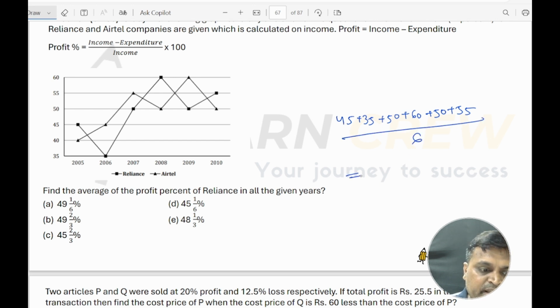If you add, it is 295 divided by 6, which is 49 1 by 6%. So option A.